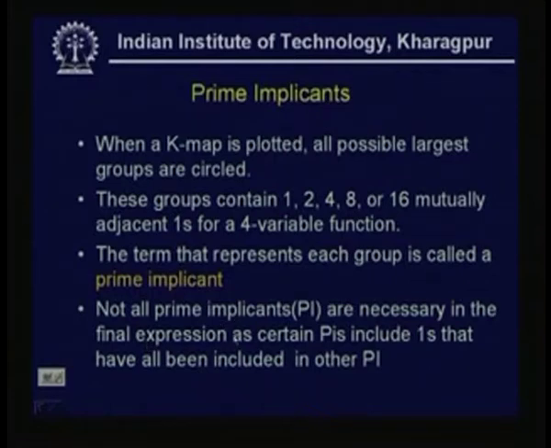Now, there exist some ones which are included in a couple, and the same one may be included in a quad. So, then what will happen is that the contribution of one is actually twice, it is in one quad and it is in one couple also. So, the third point is that not all prime implicants are necessary. Now, we will see that method, so that it can be reduced further.